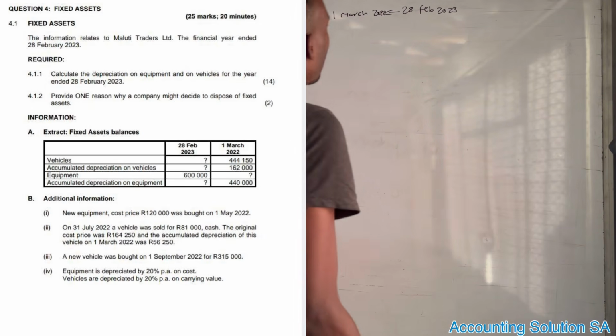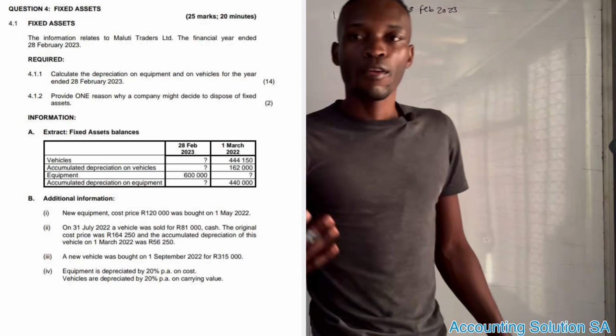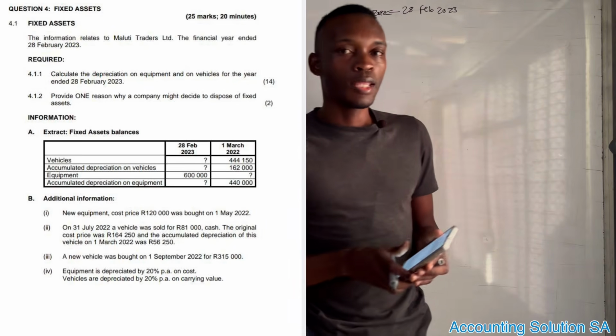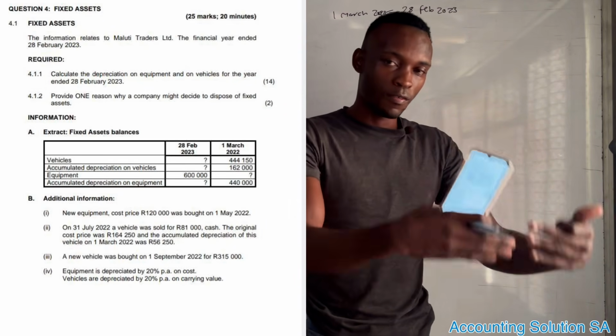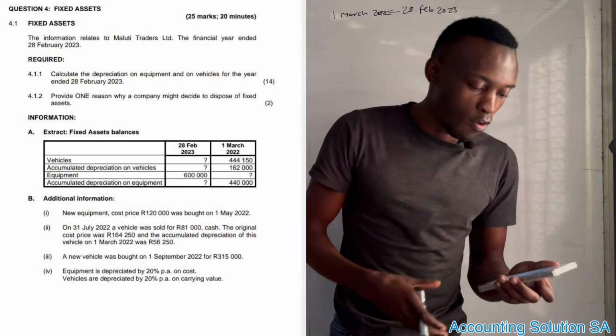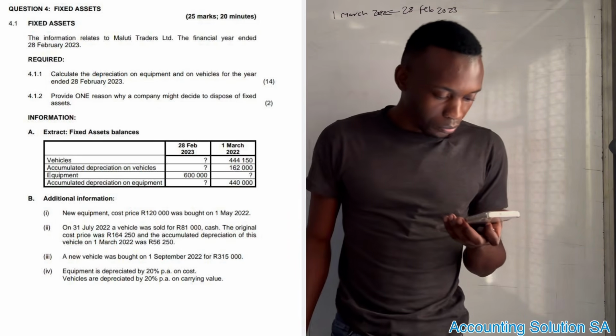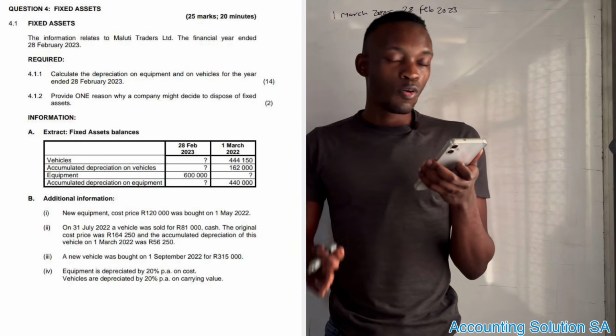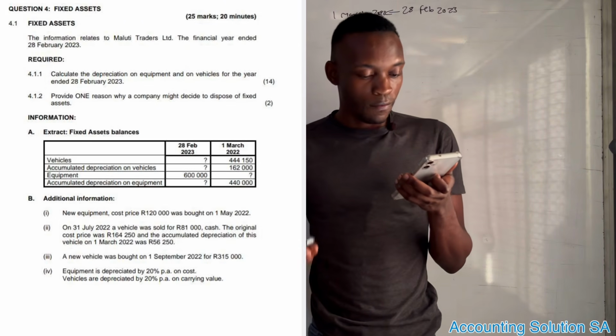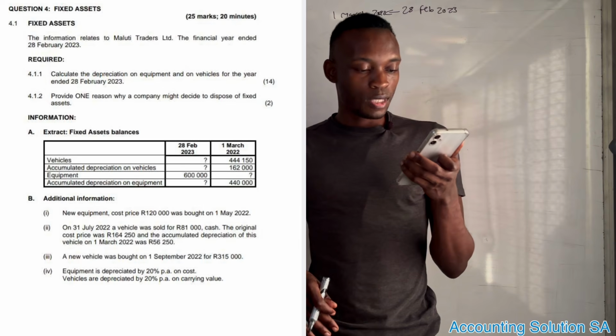After all, it must be 12 months. When they say it ended here, you count from there going back, it must be 12 months. 4.1 required: calculate depreciation for equipment and vehicles for the year end 28 February 2023.